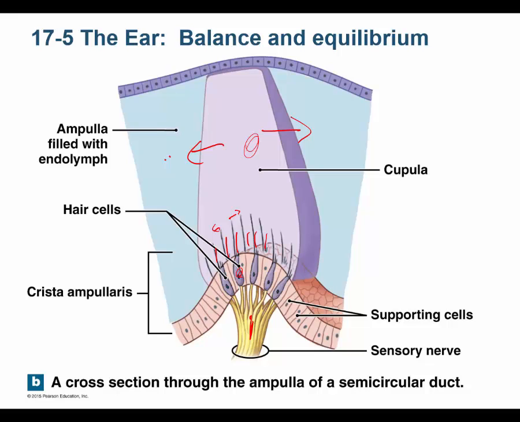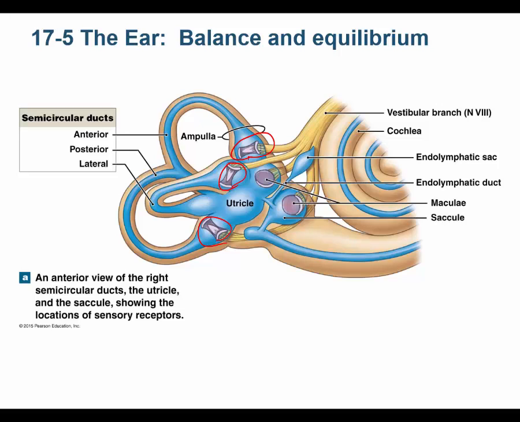Now let me go back and show you something. These crista ampullaris exist in three different planes. You know, if you had the XYZ plane, if you were to draw an X, a Y, and then a Z plane, these exist in that X, Y, and Z plane.